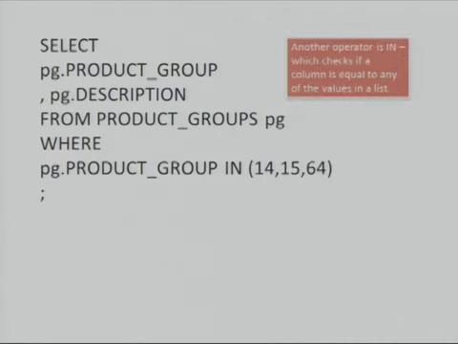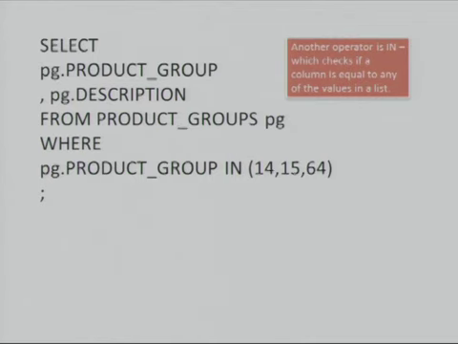Another really commonly used operator is the in operator. In is kind of like equals for a list. If the product group is equal to anything in the list in the parentheses, you use the in operator with the list in parentheses, each value separated by commas.